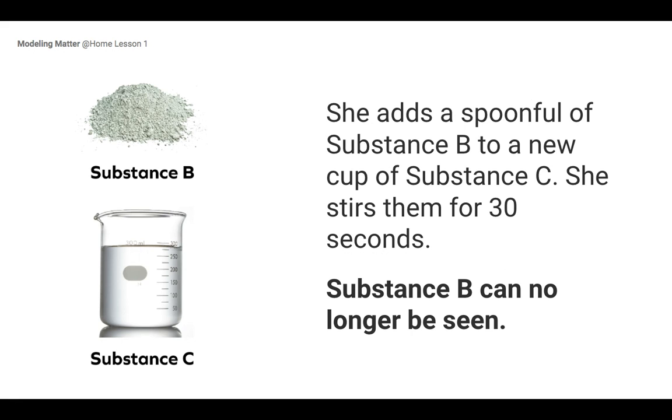Then she adds a spoonful of substance B to a new cup of substance C. So this is different from the first mixture she created. She also then stirs them together for 30 seconds. After stirring, substance B can no longer be seen within the cup. So it has disappeared or dissolved and is no longer visible in the cup.